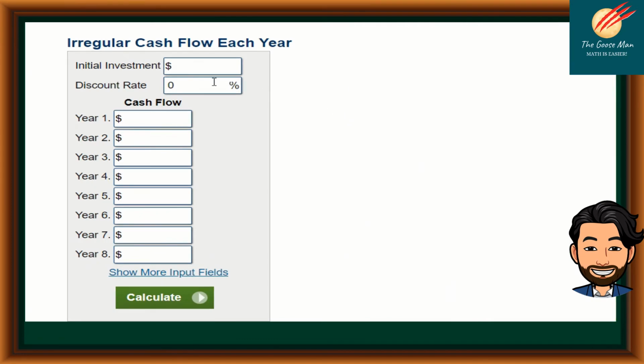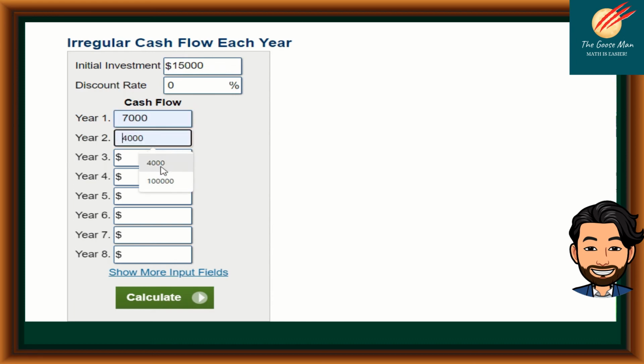This time we will use the irregular cash flow for each year, or uneven cash flow, in the calculator. Again, for our example number 2, we have 15,000 as our initial investment. The discount rate, we simply write as 0. In the first year we receive 7,000 pesos.